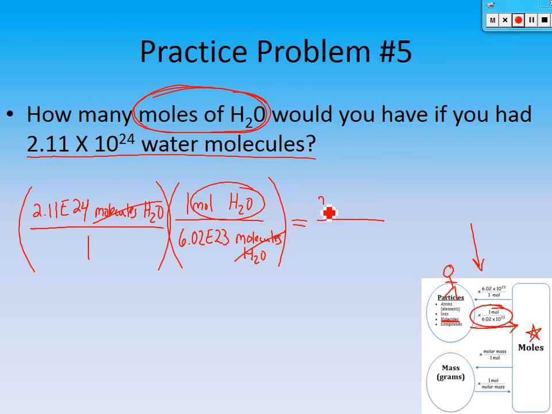Well, it's still going to be 2.11 times 10 to the 24th on top. 1 times Avogadro's number goes on the bottom, so 6.02 times 10 to the 23rd. Okay, so let's grab a calculator and divide those two numbers. So 2.11 times 10 to the 24th divided by Avogadro's number. And I'm getting this number, so 3.50.